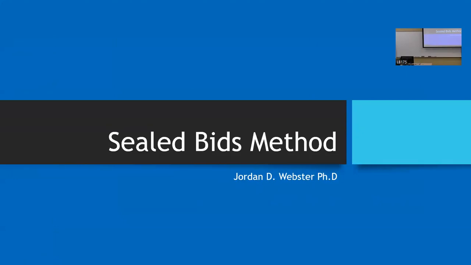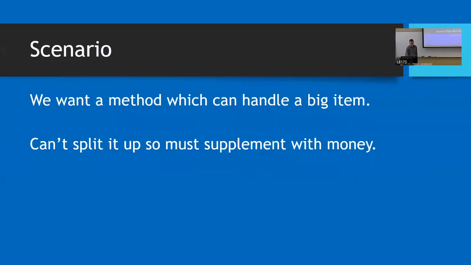Now, this is only going to work with things you can put monetary values on, all right? It's called the sealed bids method. Now, this method is going to allow us to handle big items.